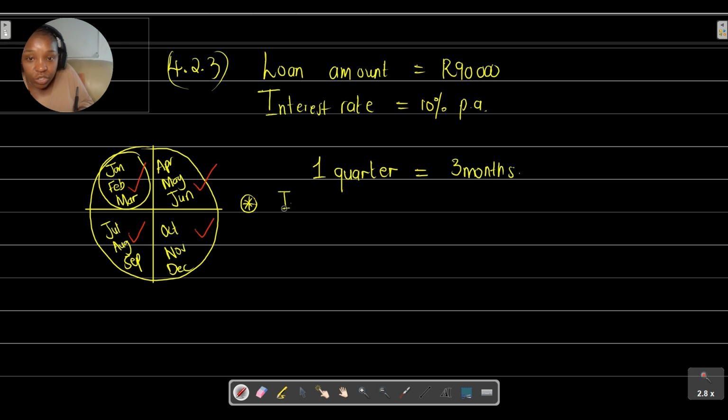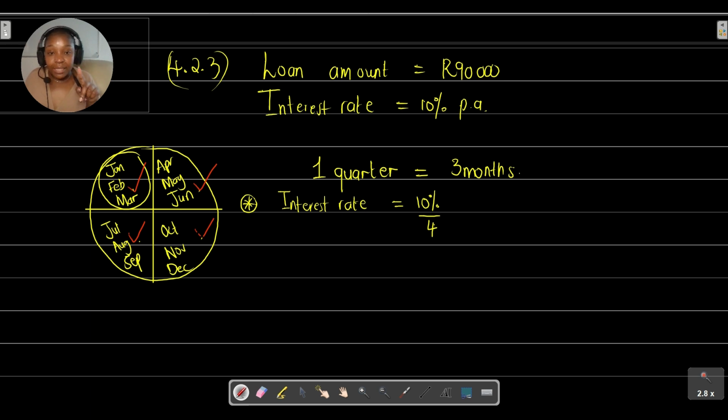To calculate the interest rate, we're going to take that 10% and divide it by 4. Why are we dividing it by 4? Because interest gets added 1, 2, 3, 4 times in a year. Interest gets added each quarter, and we know that we've got 3 months in one quarter, and 4 quarters in a year.